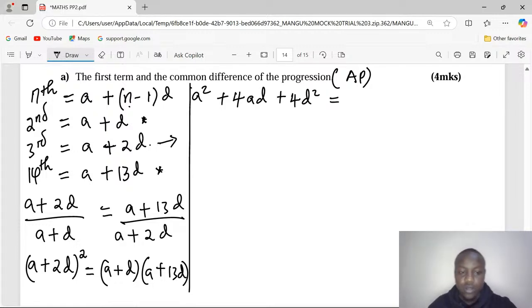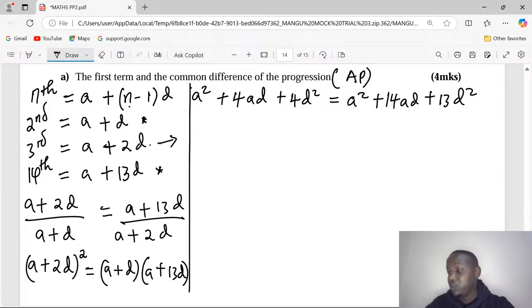This is equal to, on the right hand side, A squared plus 13AD plus AD, which becomes 14AD, then plus 13D squared. Now we can group like terms together. You can see A squared and A squared cancelling out.